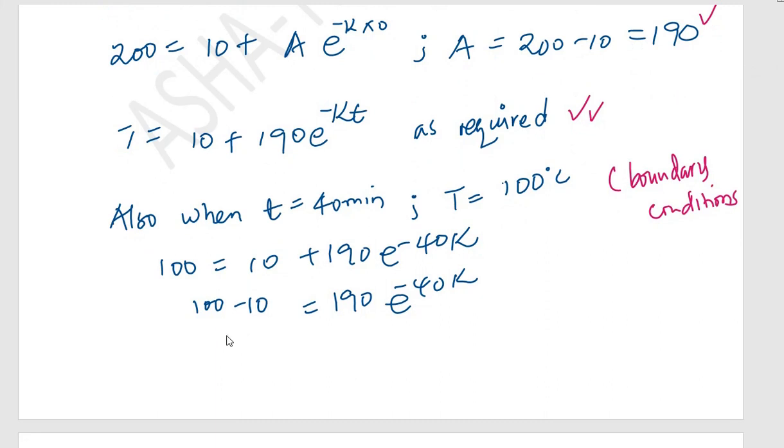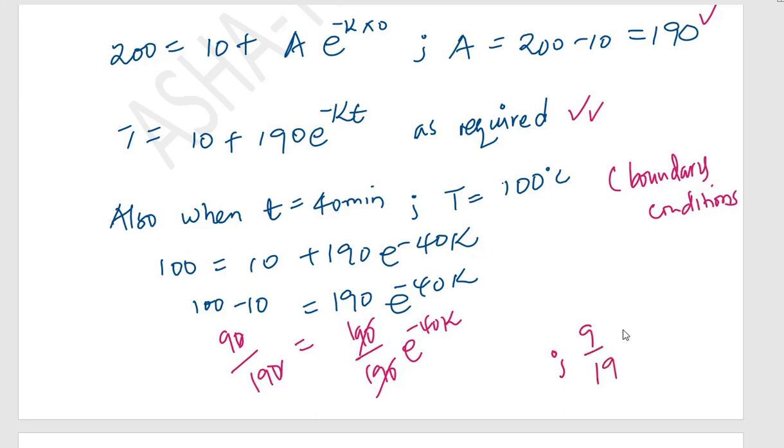So I will have 90 divided by 190 is equal to 190 divided by 190 exponential of negative 40k. So we cancel this and that, and we will have 9 out of 19 equal to e to the negative 40k.